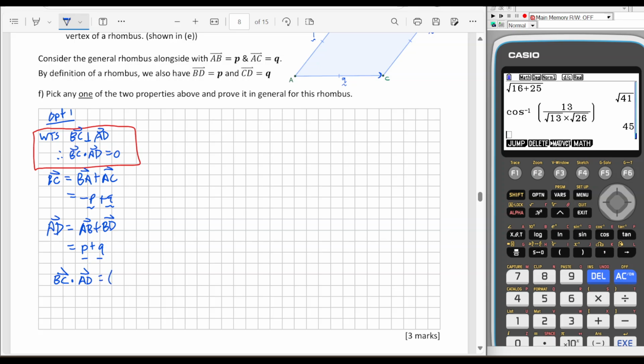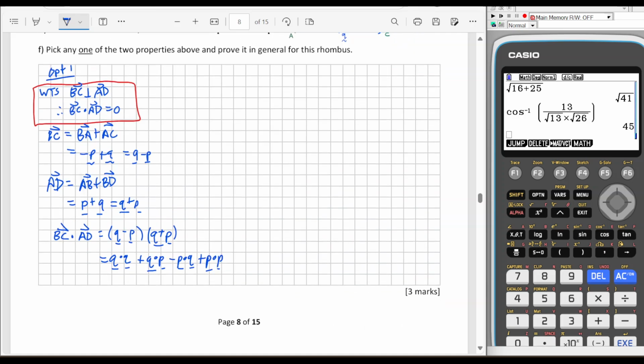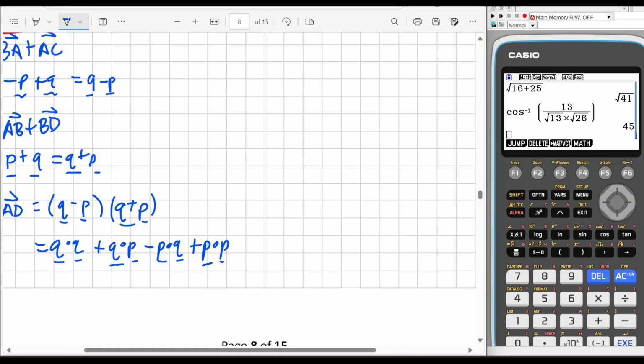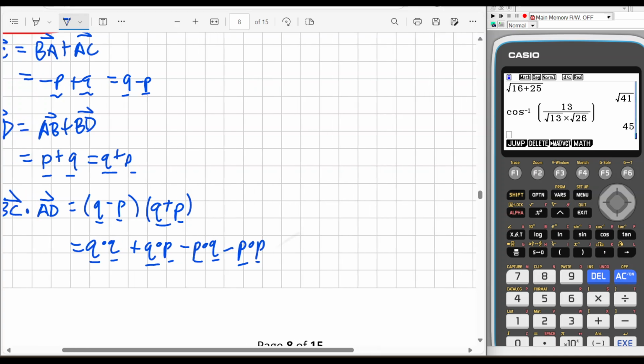That is, I'm going to write that as Q take P. And I'm going to write the other one as Q plus P. All right, so we're going to get Q dotted with Q plus Q dotted with P, take P dotted with Q, plus P dotted with P. And I think the last term is negative because you got minus P. Cool.